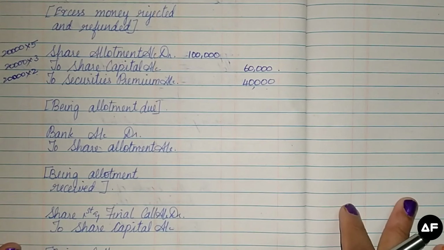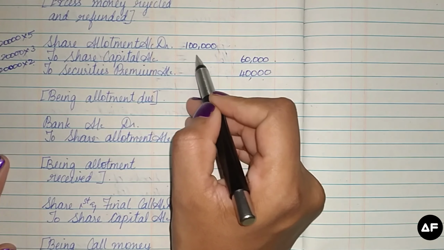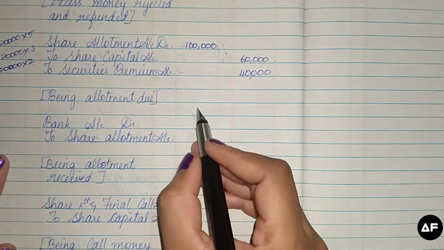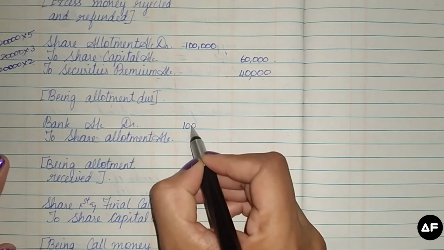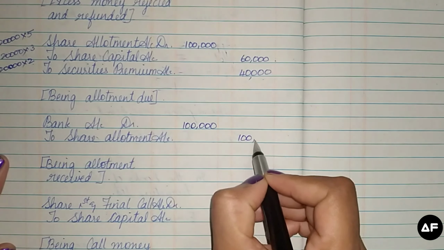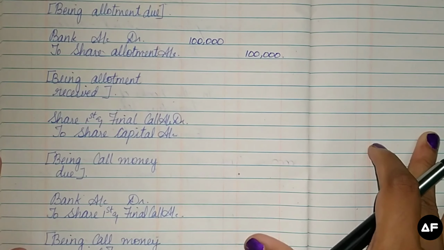Next, you are going to receive the value. When you receive, you receive the entire allotment value. So you can copy the allotment value of 1 lakh and post it into the next receipt entry of the allotment, that is bank account debit to share allotment. Next is the first and final call.